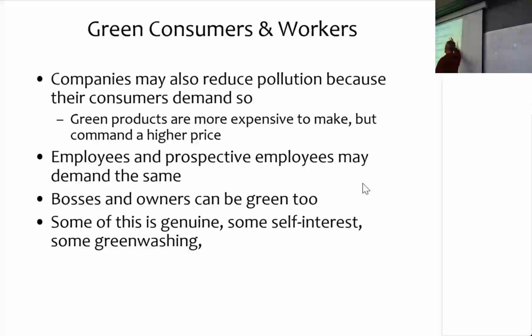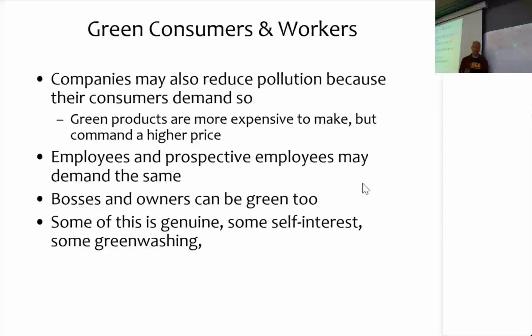The first is that, depending on the product and depending on the market, there's always a small constituency of your clients who wants green stuff, and in some markets there is a large fraction of the market that demands green stuff, right?